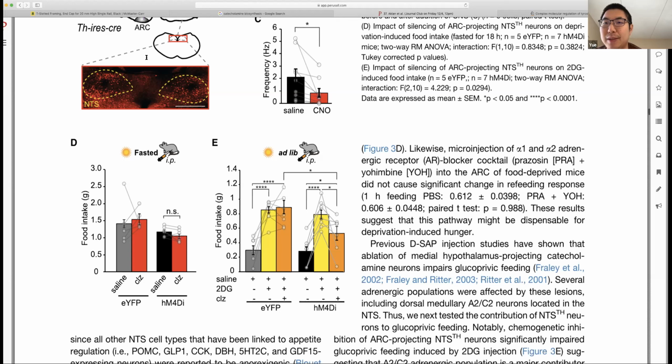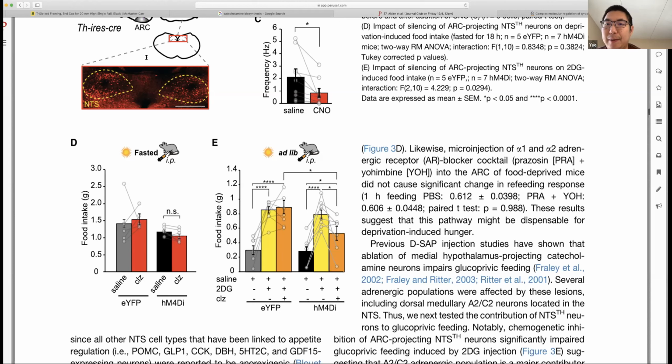If we compare the gray bar versus the orange bar here, that means it's driving the feeding of the mice. However, in the HM4DI case, if we compare the two orange bars, we can see that the behavior is decreased by the chemogenetic inhibition.